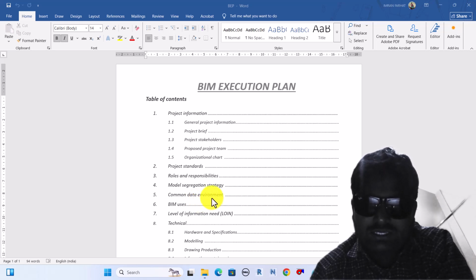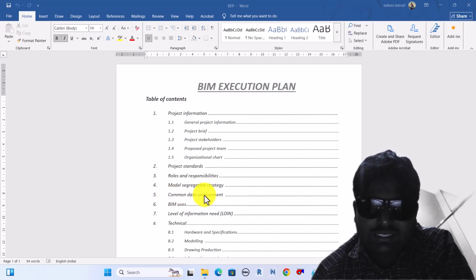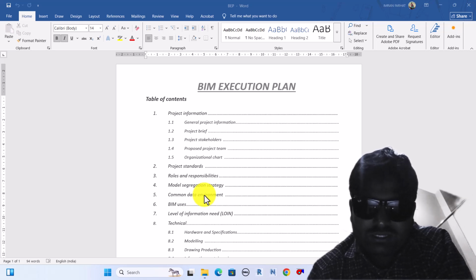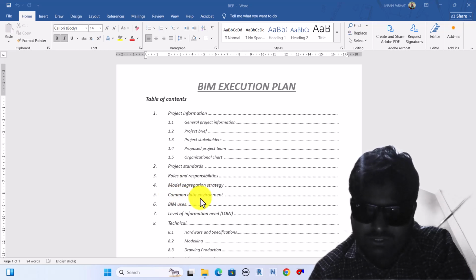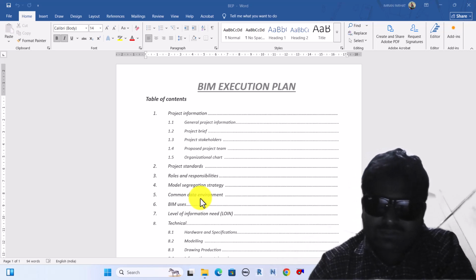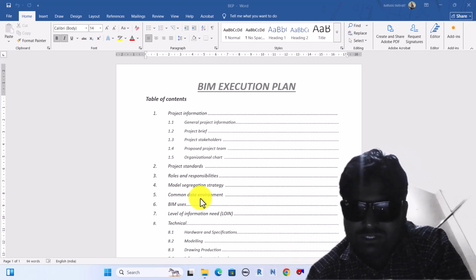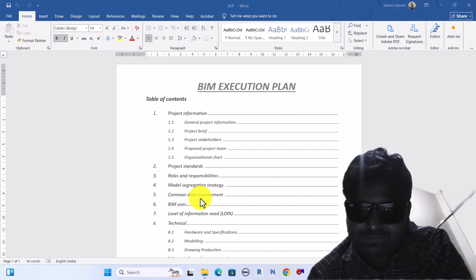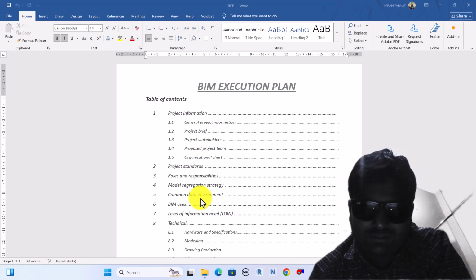This is CDE, a cloud based storage is provided, like BEM 360 or Autodesk Construction Cloud, ACC. That is commonly called a common data environment, where everyone can take whatever data is needed from anywhere.